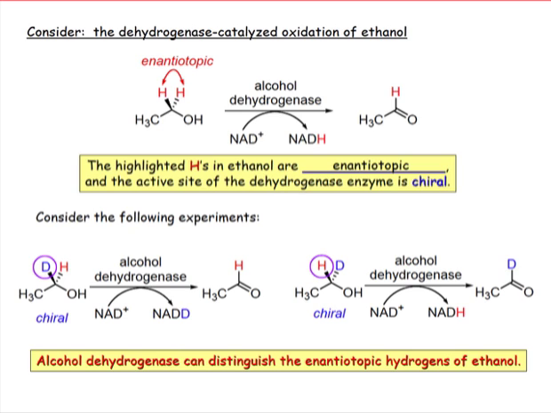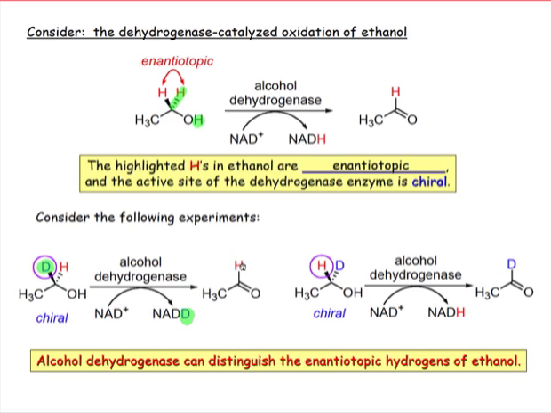Alcohol dehydrogenase is able to convert the primary alcohol ethanol into acetaldehyde. It does this by removing a hydride and a proton, but interestingly, it only removes one of these enantiotopic protons. We know that because of the experiments described here below. If we replace one of the enantiotopic hydrogens with deuterium, then when we run the reaction, we see that deuterium is selectively removed, and hydrogen is left in the product.